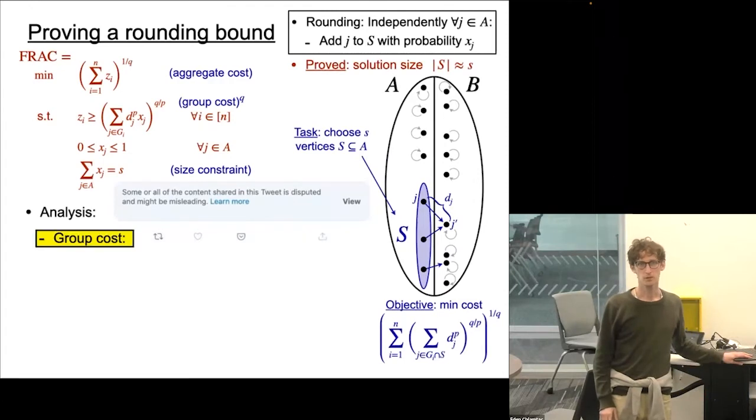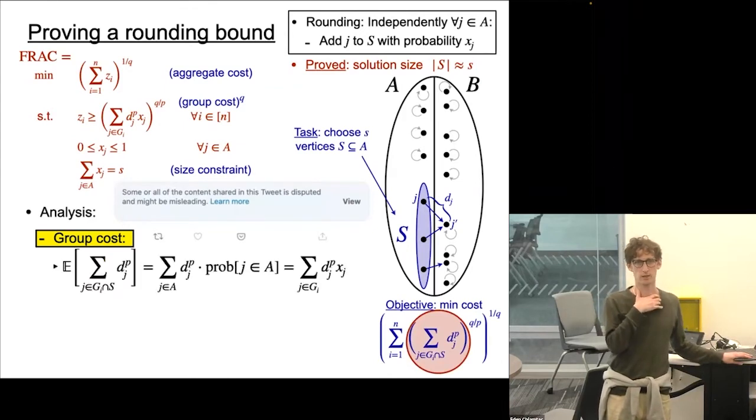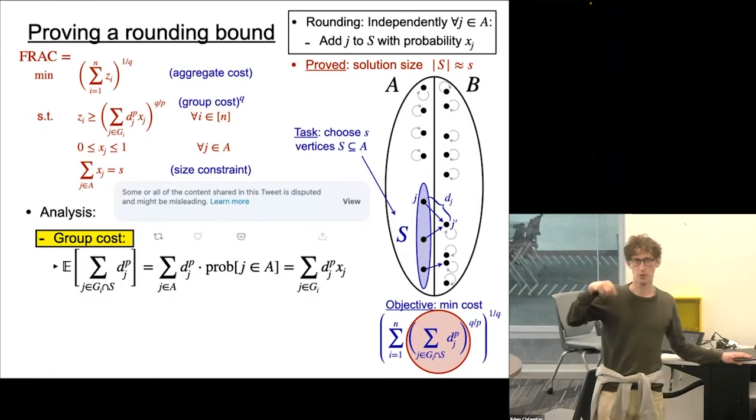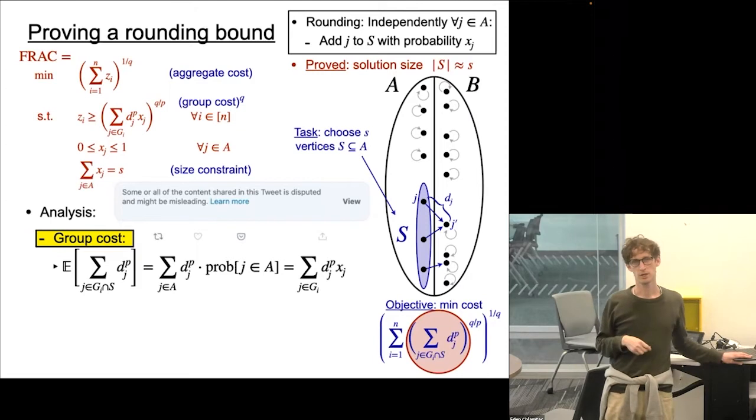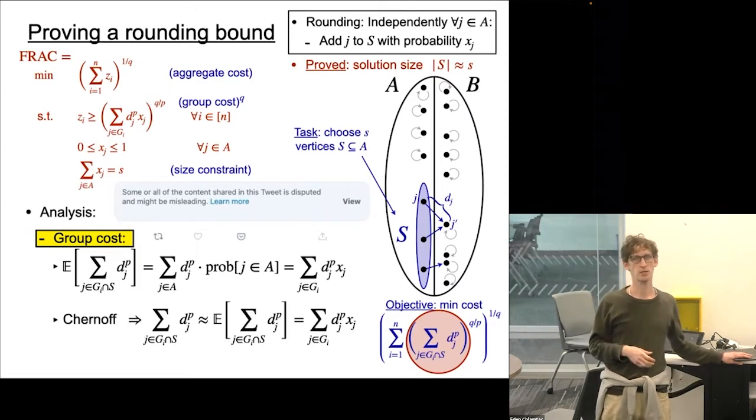Okay, so we're done with the solution size. Now the cost per group. We're looking at the distances from points to the centers they're assigned to, raised to the p, and summing those up. So again, we have linearity of expectation, and then Chernoff and concentration, and move on.